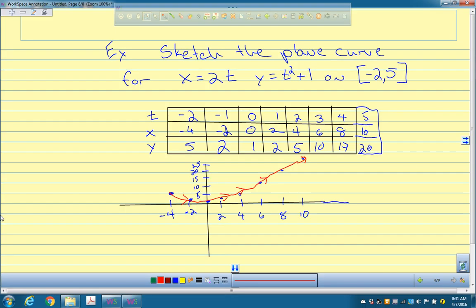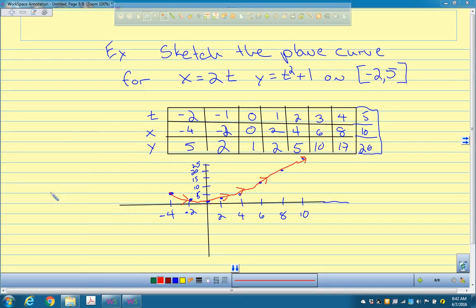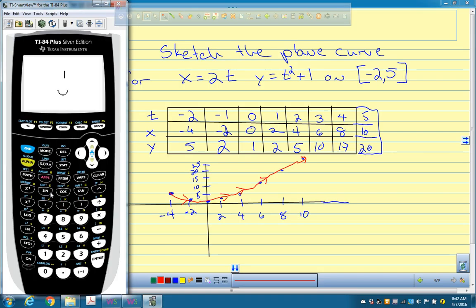So with your calculator, first of all, you have to go to second clear, go to mode, and you have to be in this thing called parametric mode.